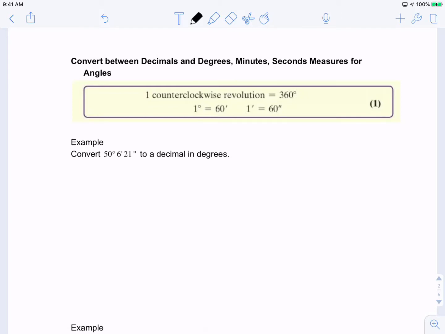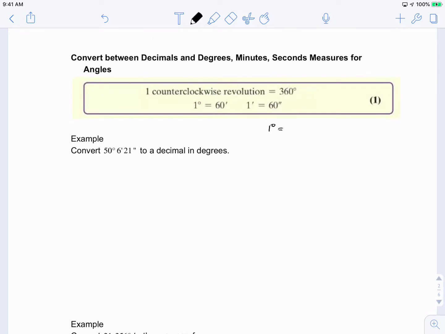But I'd rather have it in a way that you'll be able to understand a little bit clearer. So the way that I am going to demonstrate it to you guys is this. They have 1 degree is 60 minutes, but I'd rather you see it this way.